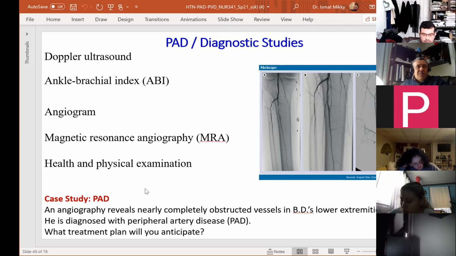And we talked about pain at rest as the advanced stage of PAD, a sign of progressive disease. We'll talk about stages 1, 2, 3, and 4, so refer to the previous lecture to review the difference between the 4 stages of PAD.